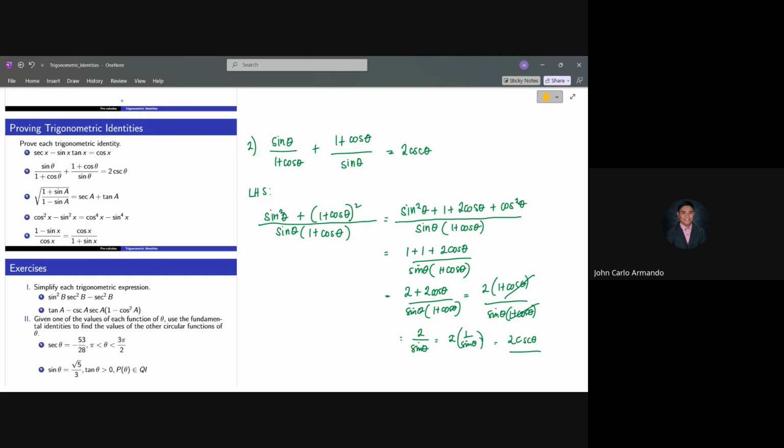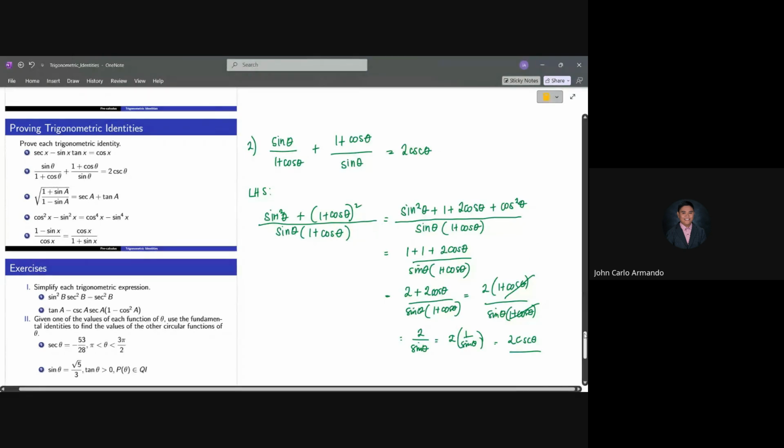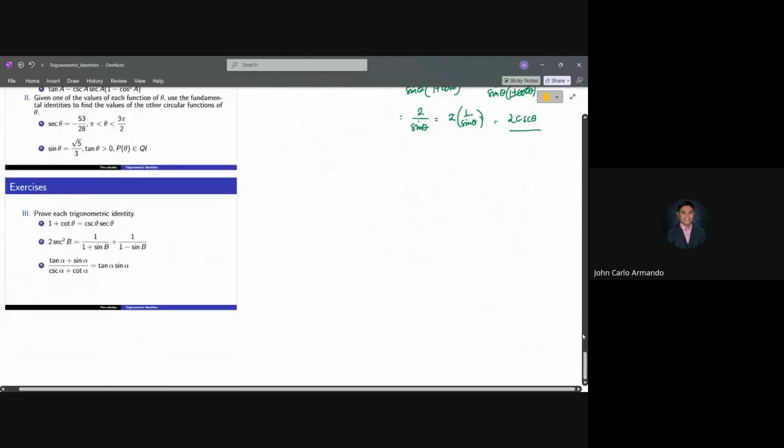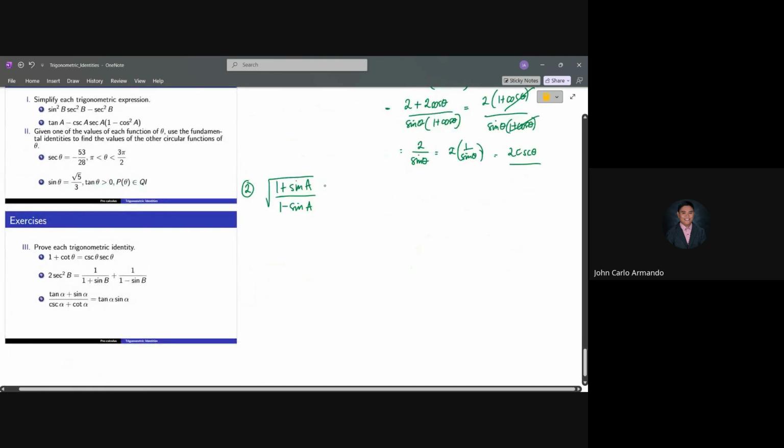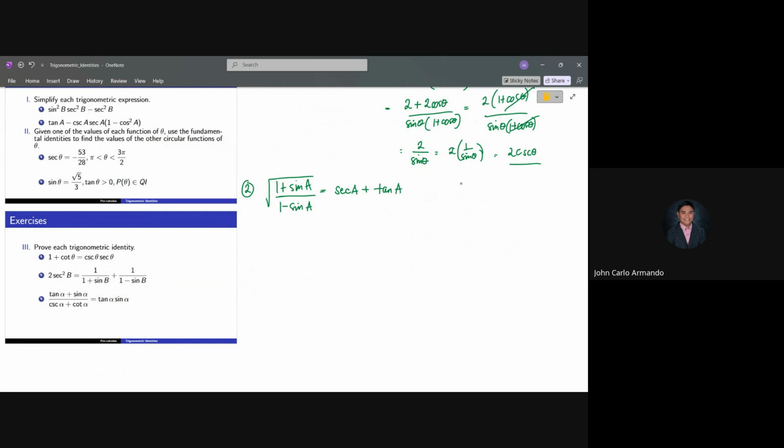Okay. We now have the next one. That is square root of 1 plus sine A over 1 minus sine A equals secant A plus tangent A. So what you're going to manipulate here is the left side, because when you think of manipulating the right side, it is not easy for us to come up with a radical expression by manipulating the right.